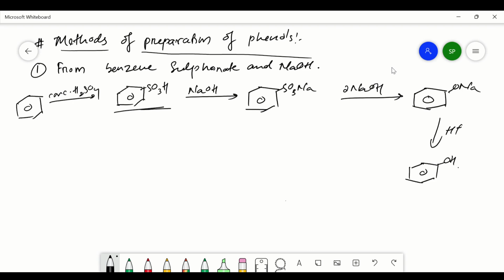Next method of preparation is from BDC, or benzene diazonium chloride. The starting material is BDC.